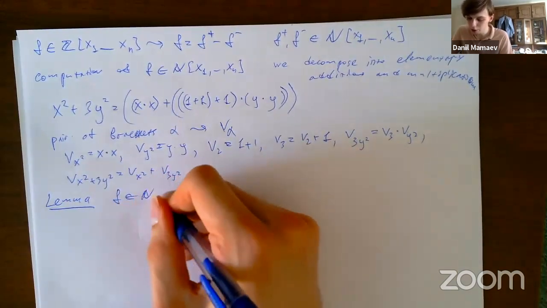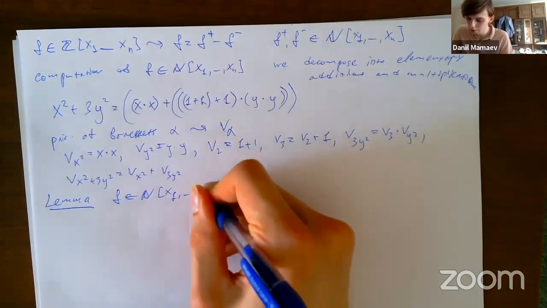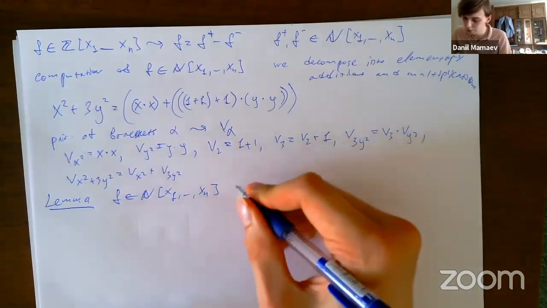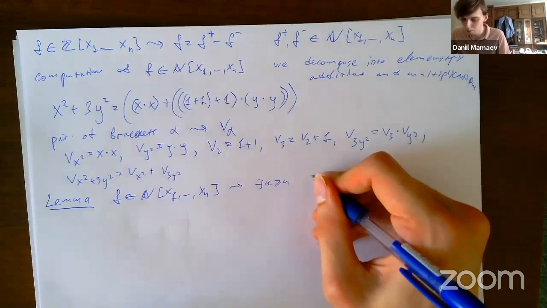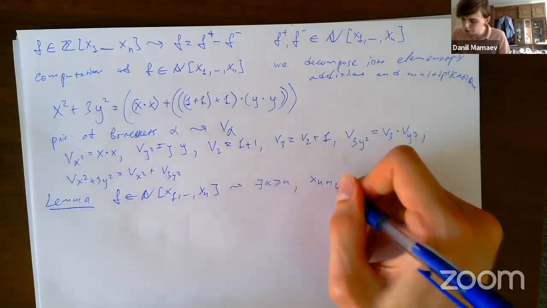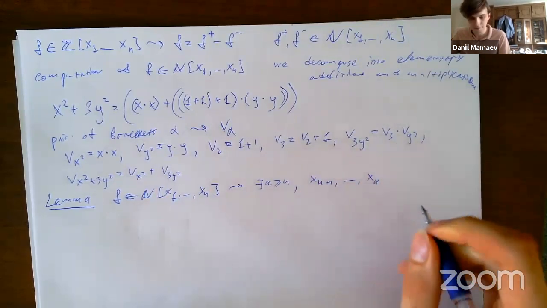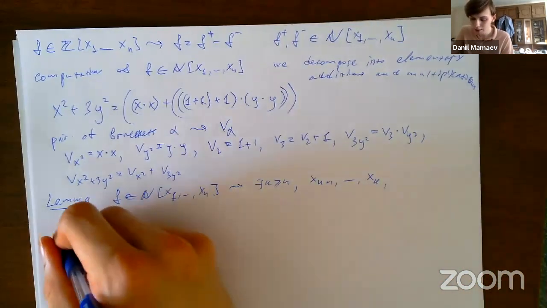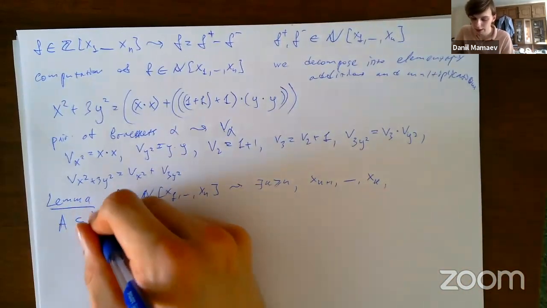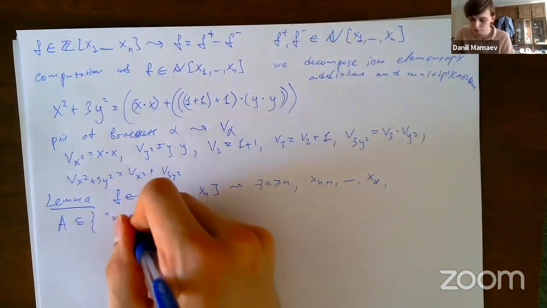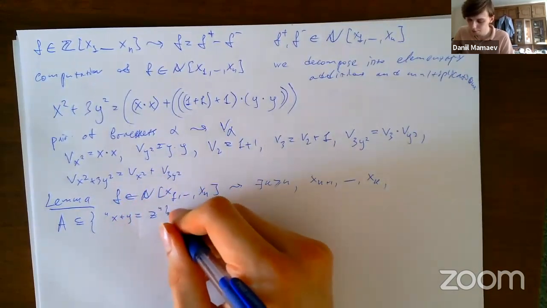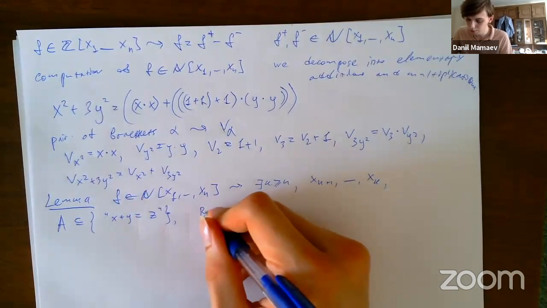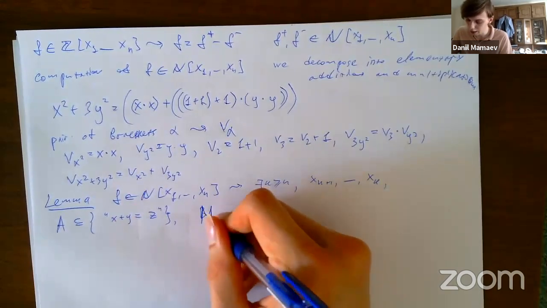If you have a polynomial with natural coefficients, then we can introduce some new variables, and there are some additions, there are some multiplications, let's call it m.